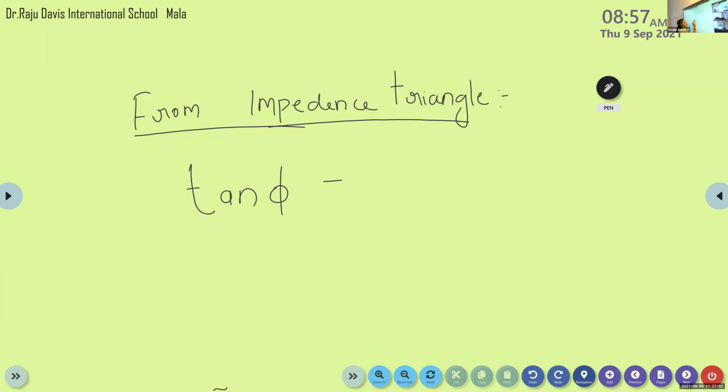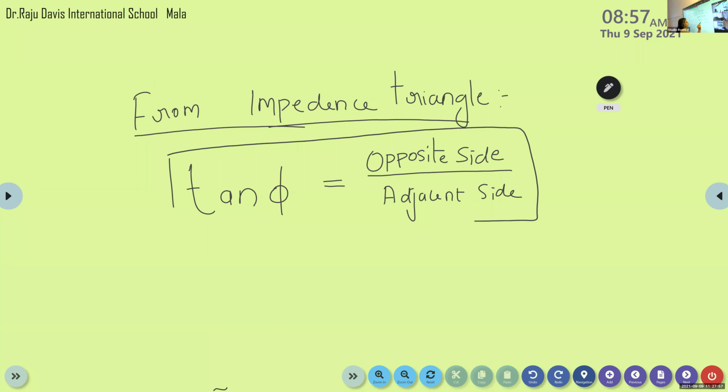What is the equation for calculating tan theta or tan phi? The general equation in trigonometry is opposite side divided by adjacent side. This is the general equation for calculating tan phi.